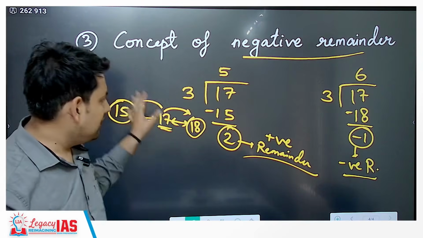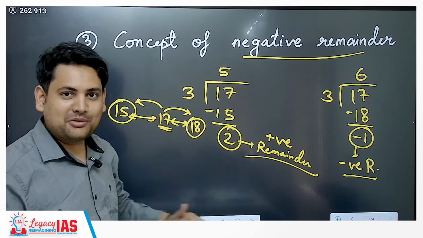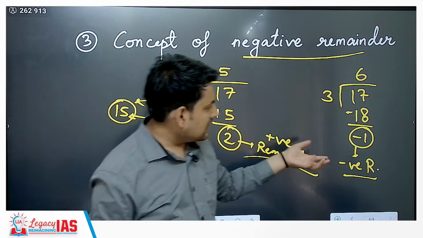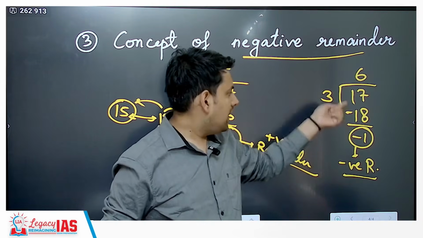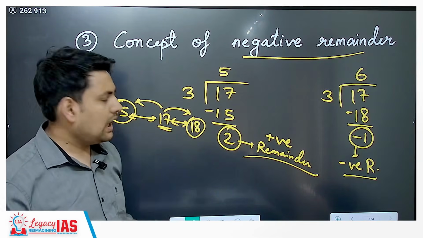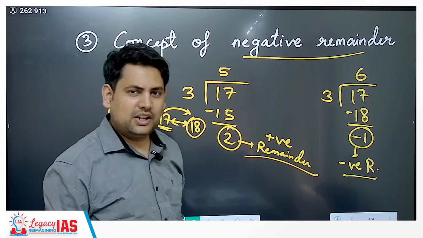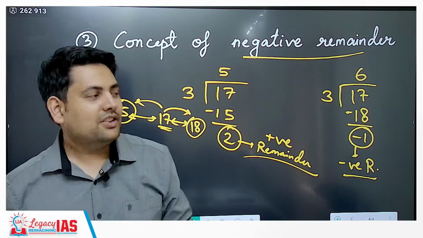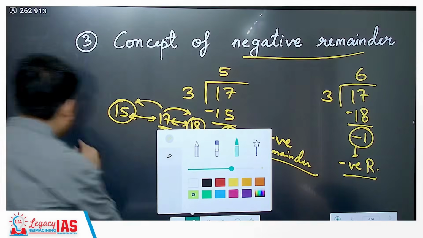Understood? This positive remainder, you have known since your birth. But you learned this in your school days. This is something that you can learn now, that you just take one bigger multiple and subtract it and you get the negative remainder. Correct? Now remainder is 2, negative remainder is minus 1. Now if in any question it is asked what is the remainder, then what should we choose, negative 1 or positive 2? All that confusion is not there. They are actually equivalent.